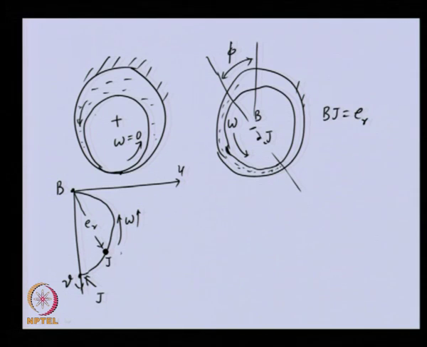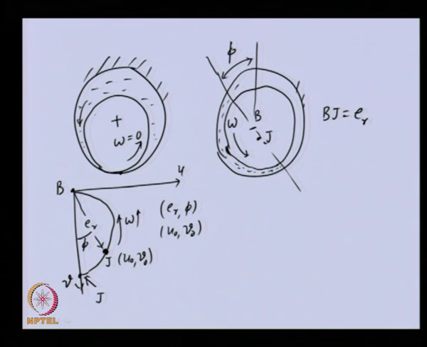Let us say at equilibrium for a particular speed, its position is given by u naught and v naught. This is the attitude angle. So, e, R and phi define the position of the journal, or we can even define it with respect to v naught and u naught.